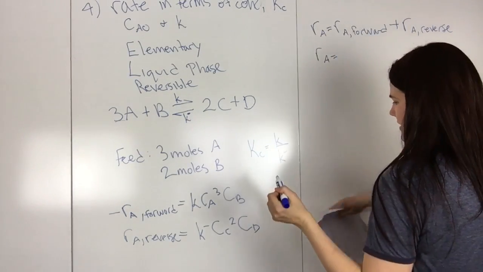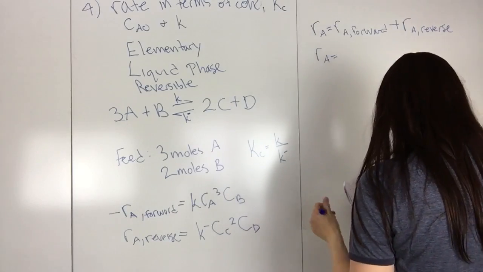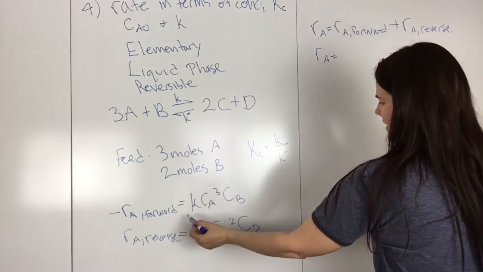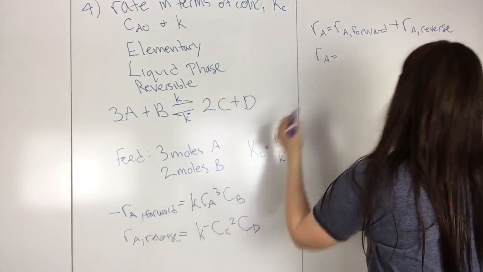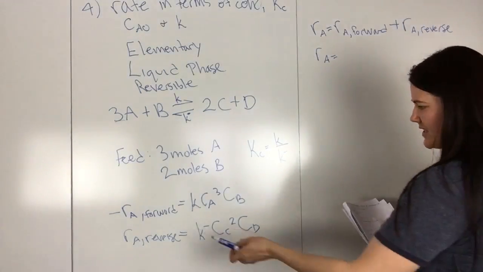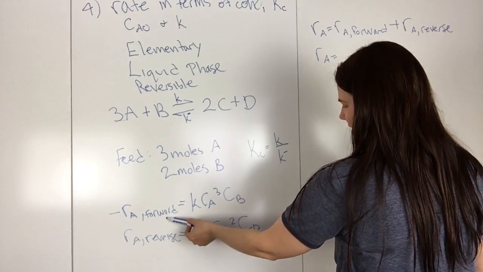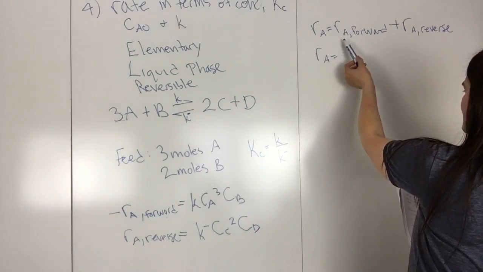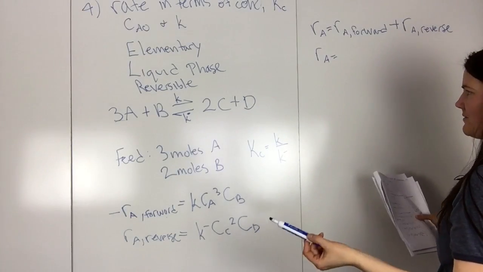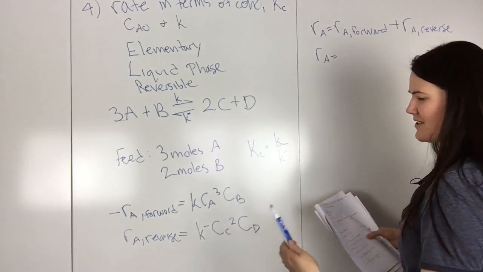So RA forward was, and this is going to be negative, it's just the sign change. This is showing the rate of disappearance, but the way this is written, it's the rate of appearance, but it's negative, so, well, it's disappearing, so it has to be negative.